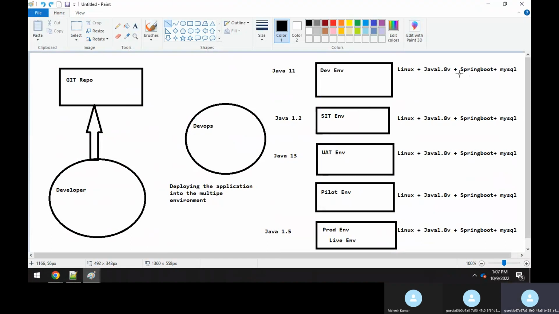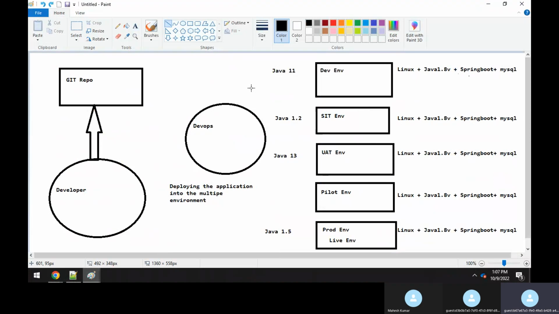Now, suppose you have designed the application to be executed only on a few operating systems, like Windows, Linux, or some other one like macOS. There might be a chance that you are hosting your application on a Windows server, and that Windows server might have a different setup altogether.